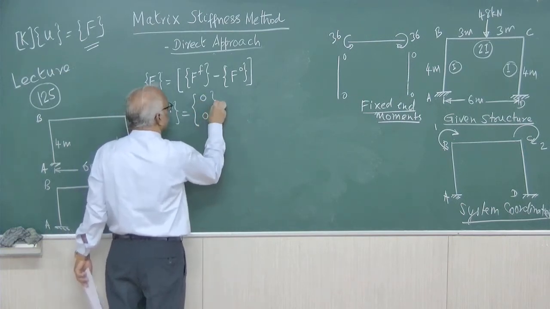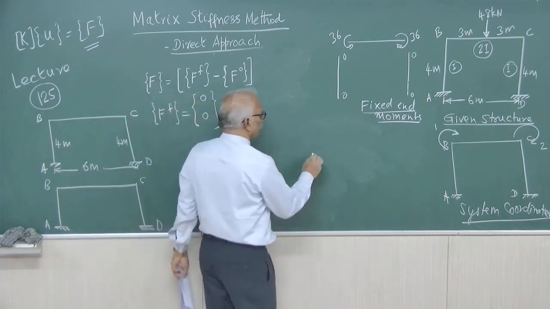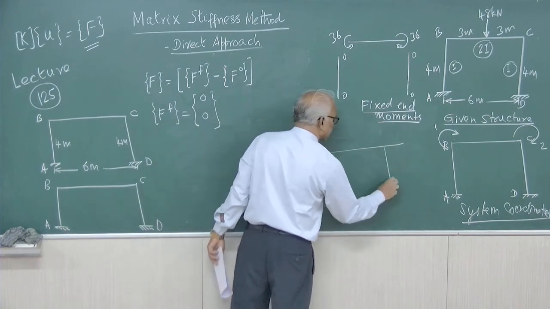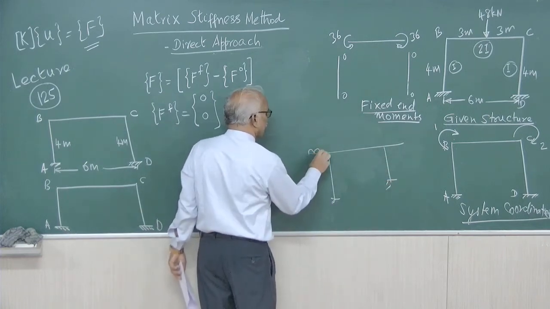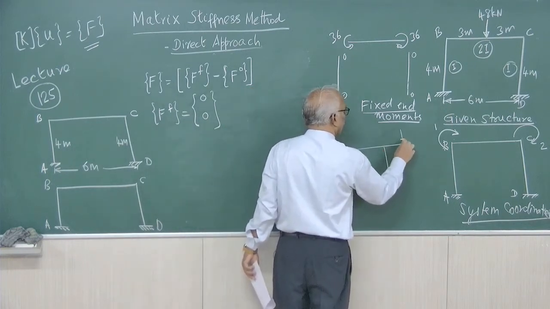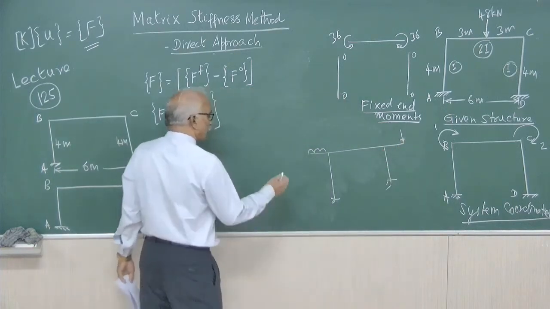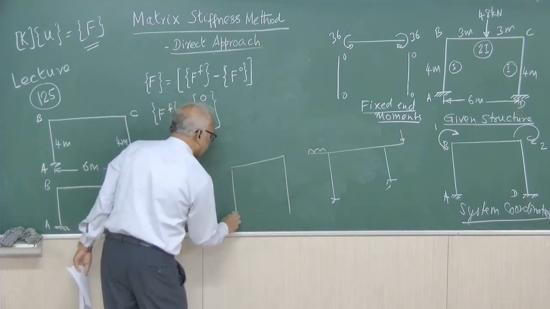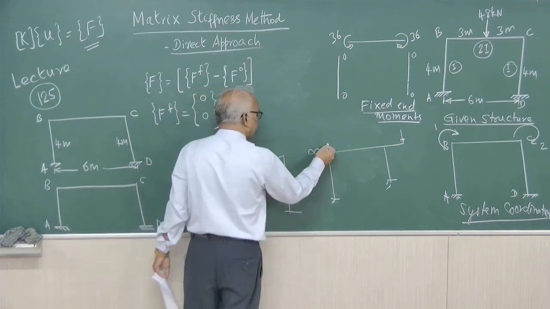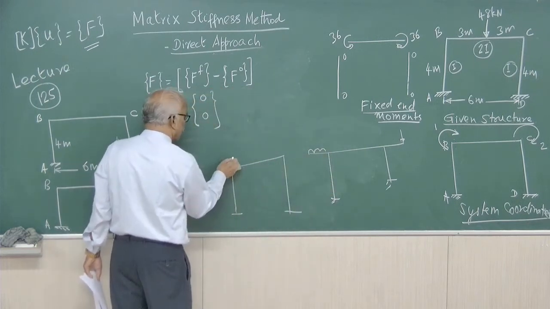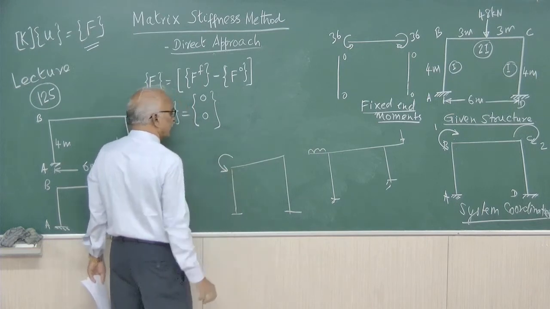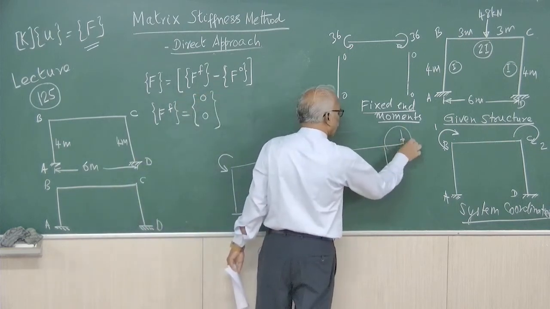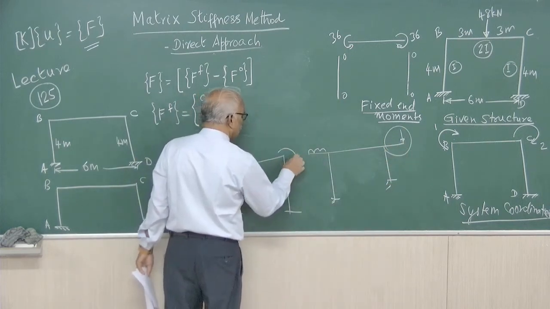Sometimes they may give you a frame like this, they may give some UDL here, they may give some point load here. Now this load on the overhanging part can be considered as an equivalent moment. So here this can be considered as an anticlockwise moment, and this as an equivalent clockwise moment.